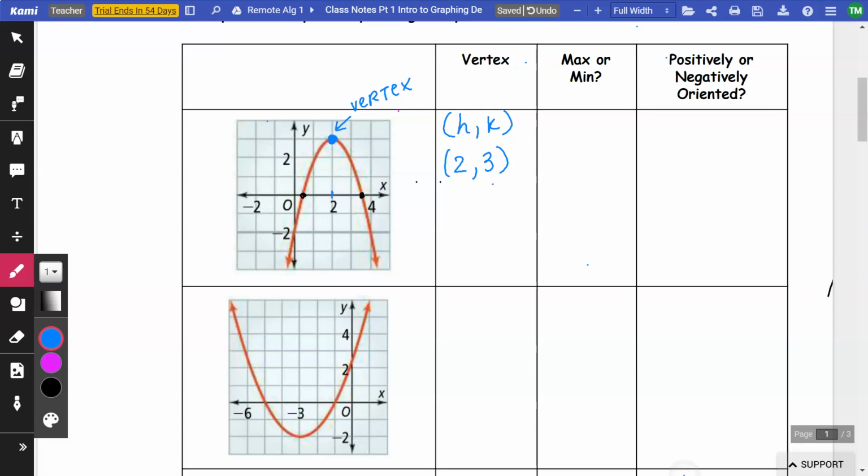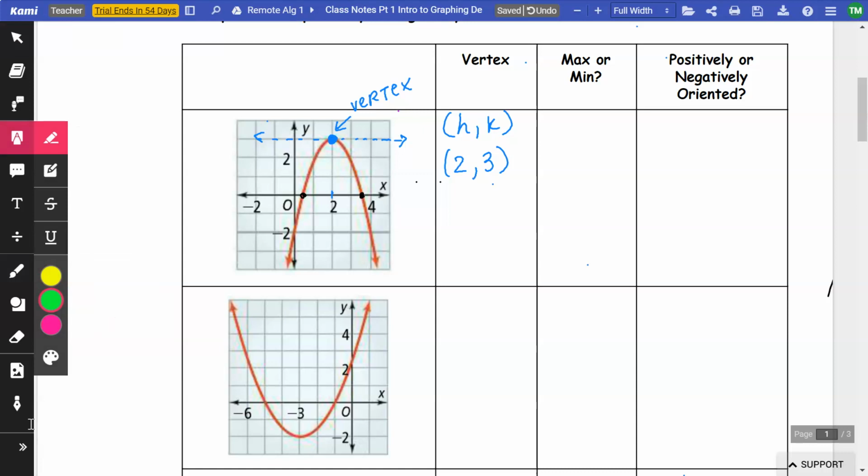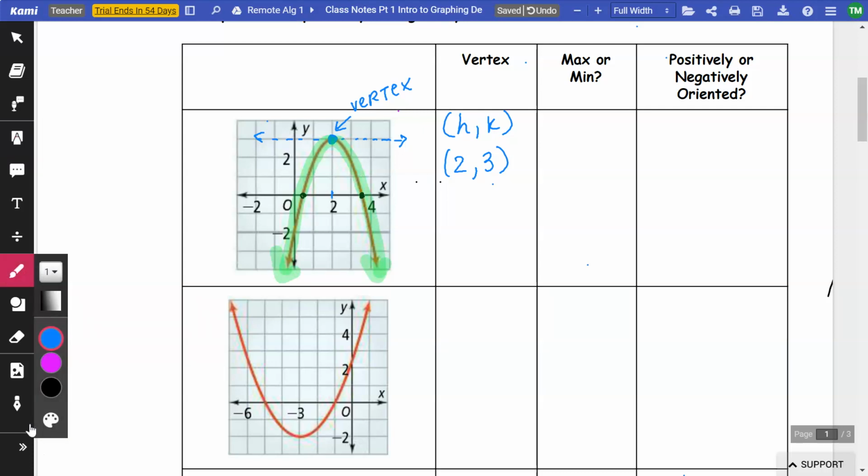Is this point a maximum or a minimum? Well, is this the highest point on the graph or the lowest point? As you can see, all of the other points on the parabola are below that point. Because of that, we say that this is a maximum.